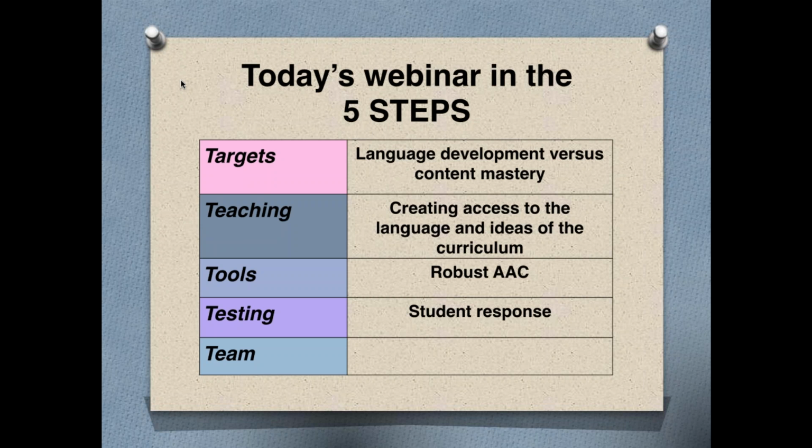We'll be looking at teaching strategies that help to create access for our students to participate both in the language of the curriculum and the ideas that are shared by that language in the curriculum. We'll be talking about how to use the student's communication system to do this, and you'll see some examples of student responses that start to give us an idea of what they're really learning about the curriculum, how they're engaging with the curriculum.